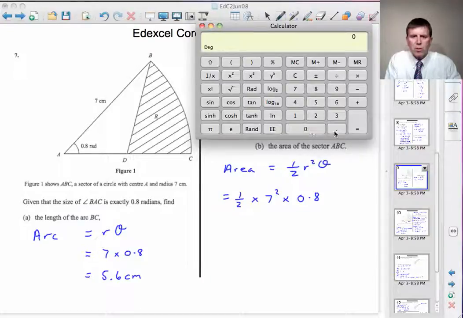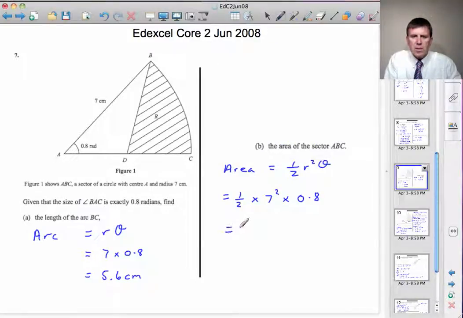So we have 0.5 multiplied by 7 squared, which is 49, multiplied by 0.8. Answer 19.6. So the area is 19.6 and the units this time will be centimetres squared because again the radius is in centimetres.